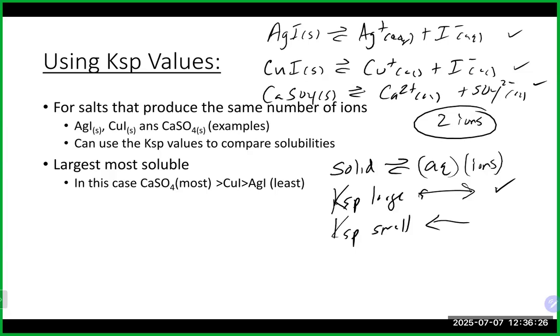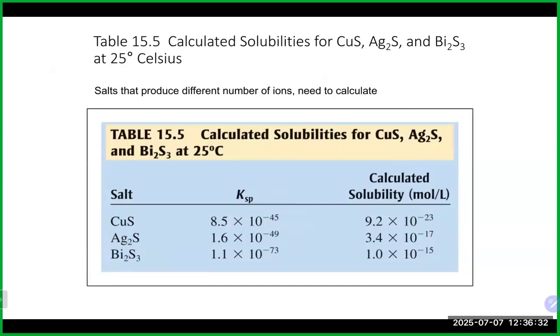Now, when you do not have something that breaks apart into the same number of ions, can you still use the Ksp value? And the answer is actually no, you can't. So this is an example of a table. I think you got a similar one in your book. If we look at these here, copper(II) sulfide is going to give you a copper(II) ion and a sulfide ion.